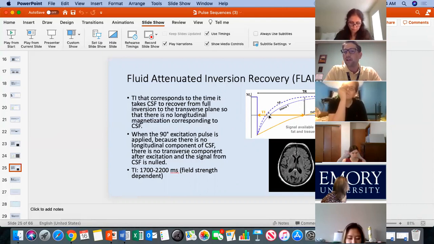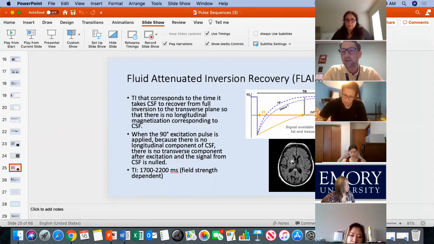So now we have nullified fluid or CSF, and then look at our image. Here's our brain FLAIR, and we know we have fluid within the ventricles, and it is completely black. So that allows us to have better contrast to noise resolution, so we can see those MS plaques that run adjacent to those ventricles.